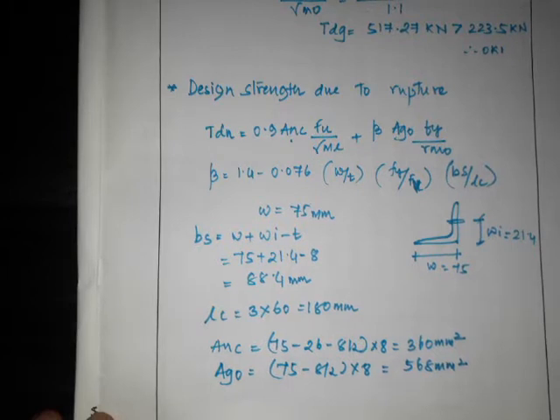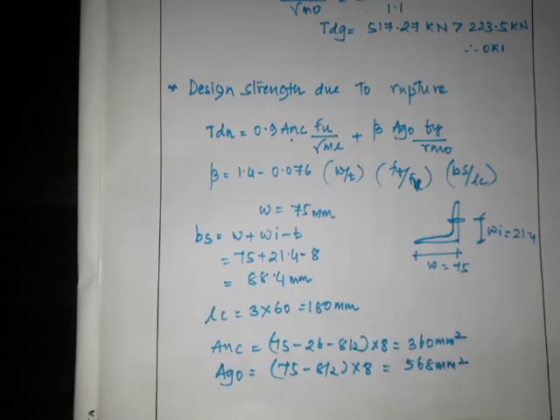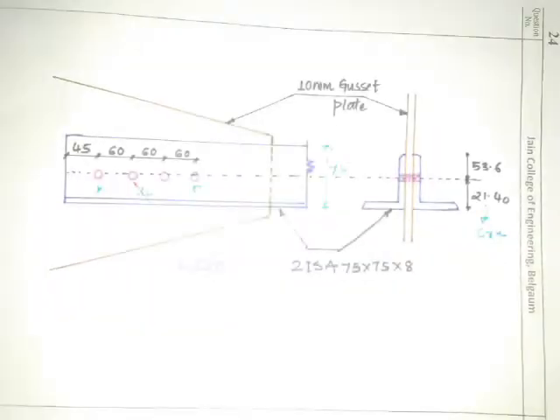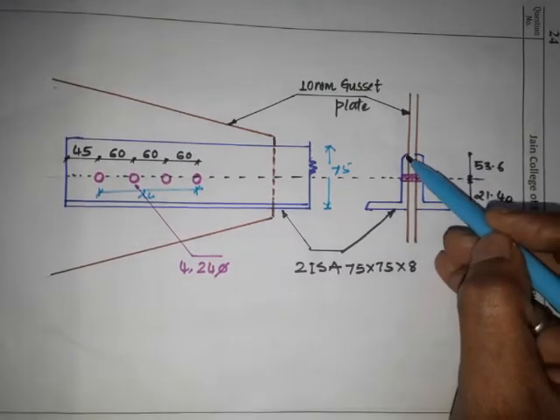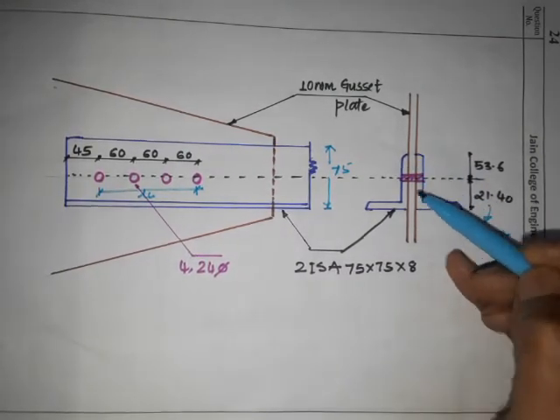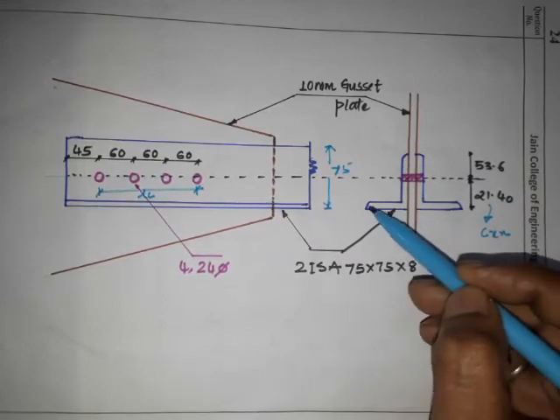Understood? I'll just show you how you get Anc and Ago. Anc is the area of the connected leg, Ago the outstanding leg.